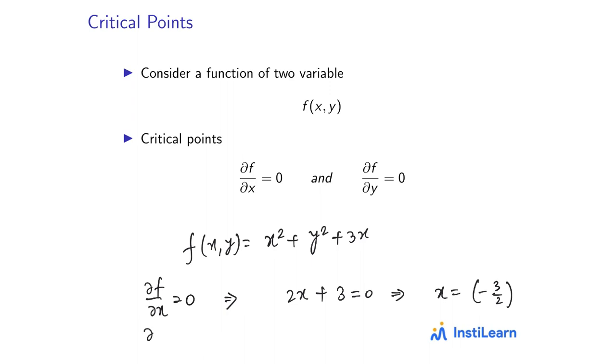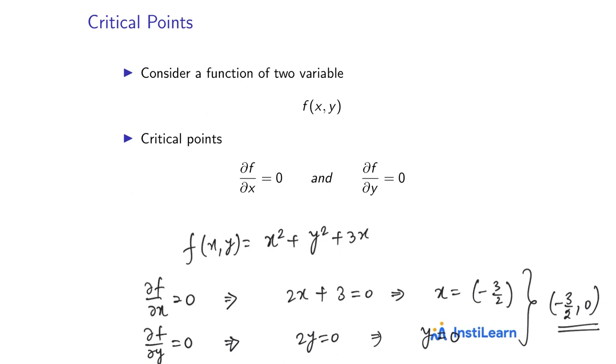And if we put del f upon del y to be 0, what would we get from here? It would be 2y is 0, and that is y is equal to 0. So okay, combine those two. So we would have (minus 3 by 2, 0). So this is a critical point. So that's how we find the critical points for a function.